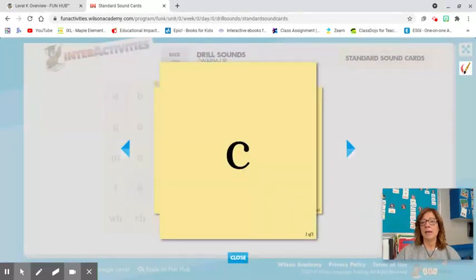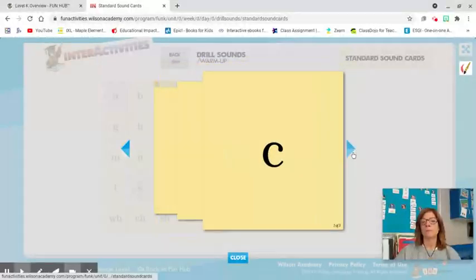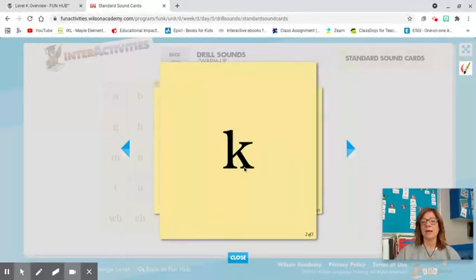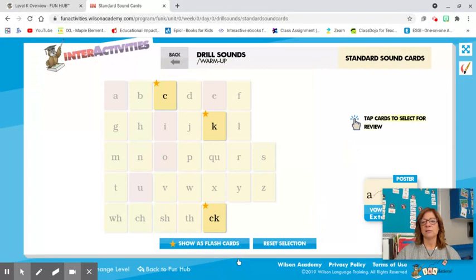C, cat, K. K, kite, K. And CK, sock, K. Good. Okay, so there were 3 letters that could make that sound. But remember, if it's at the end of a word and we heard a short vowel, we're going to want to choose the one that's CK.